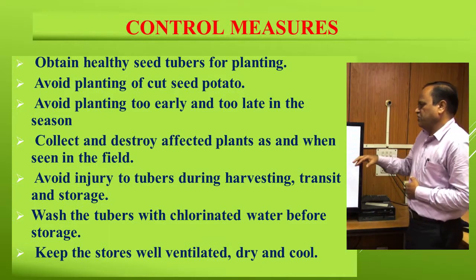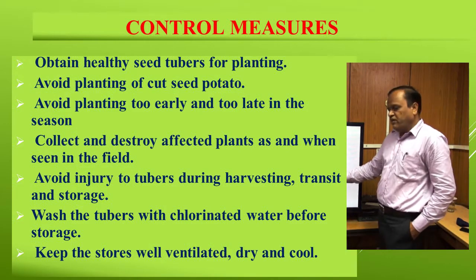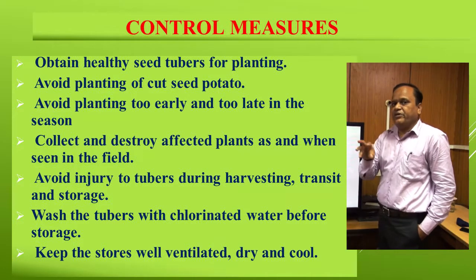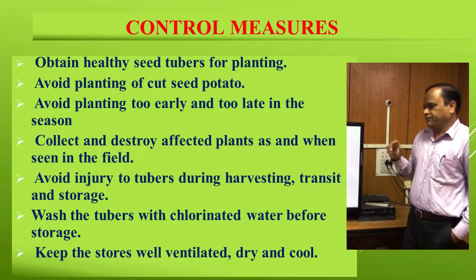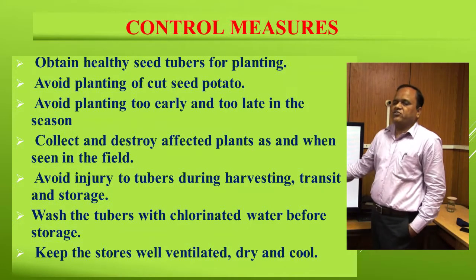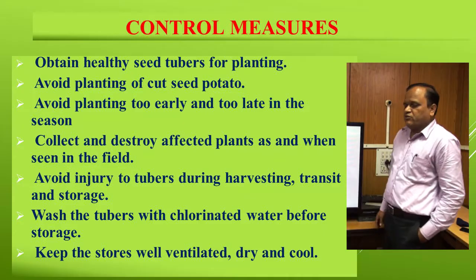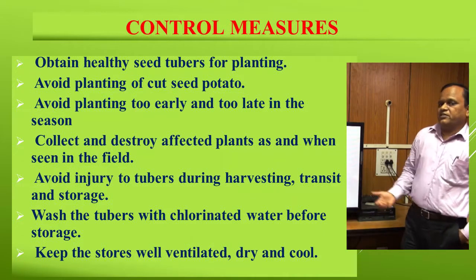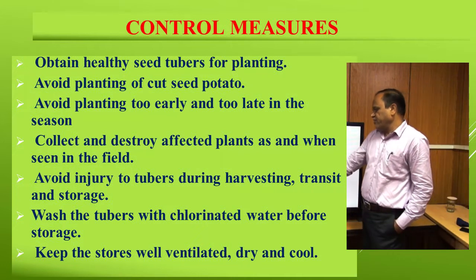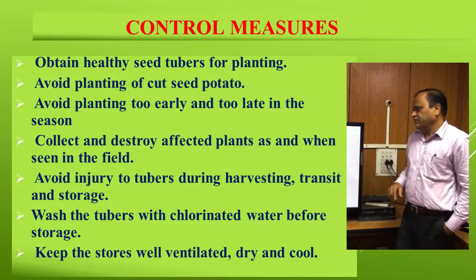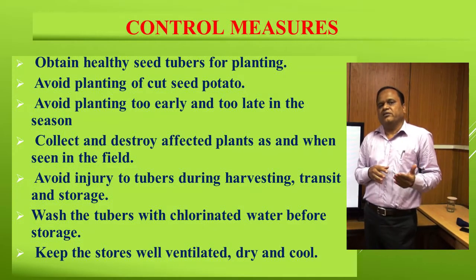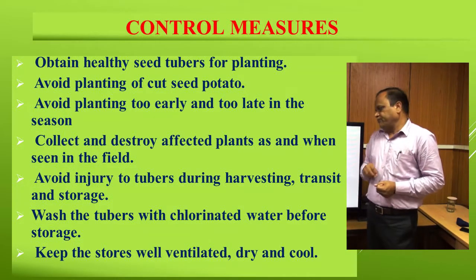Avoid injury to tubers during harvesting, transit and storage. There should be no injury in the tuber. Wash the tuber with chlorinated water before storage. So before storage, it is advisable to wash the tuber with chlorinated water. Then there will be no damage in the godown.